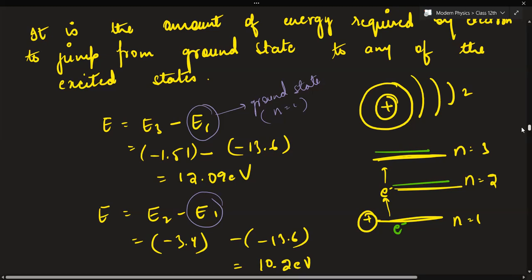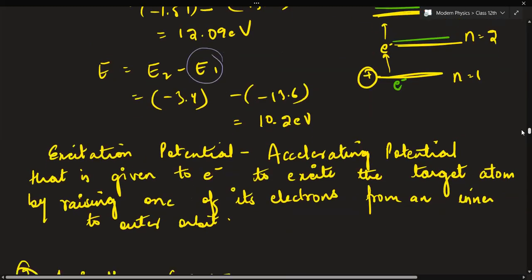The accelerating potential that is given to an electron to excite the target atom by raising one of its electrons from an inner to an outer orbit. Same thing: the energy to move an electron from the ground state to any of the states is known as excitation energy, and the potential required to excite the electron from the ground state to any state is excitation potential.